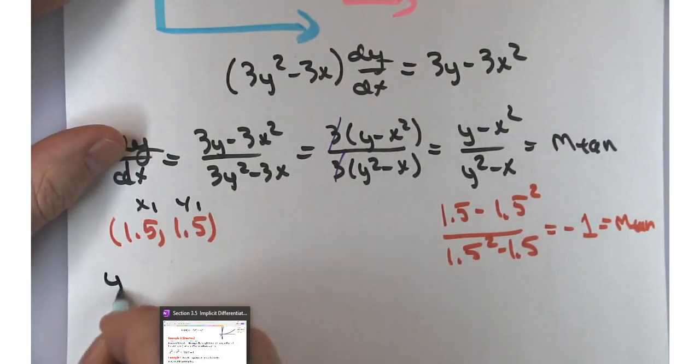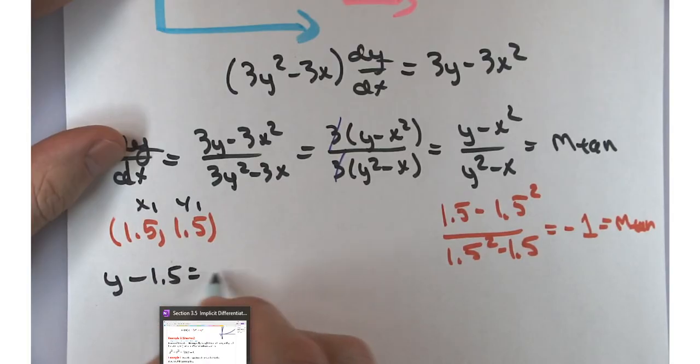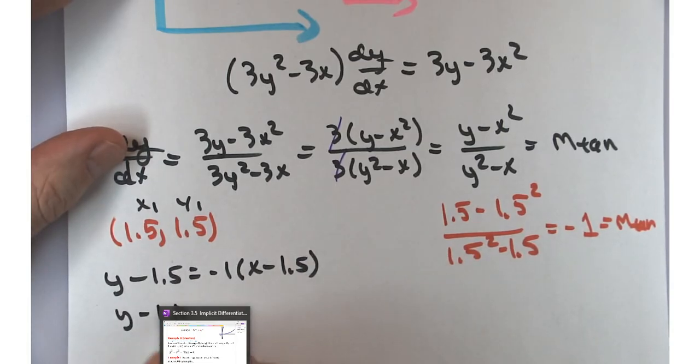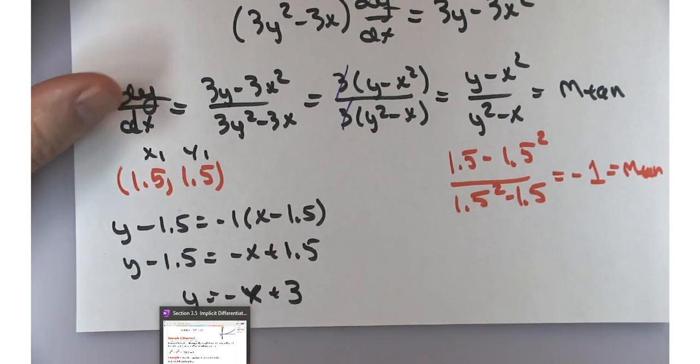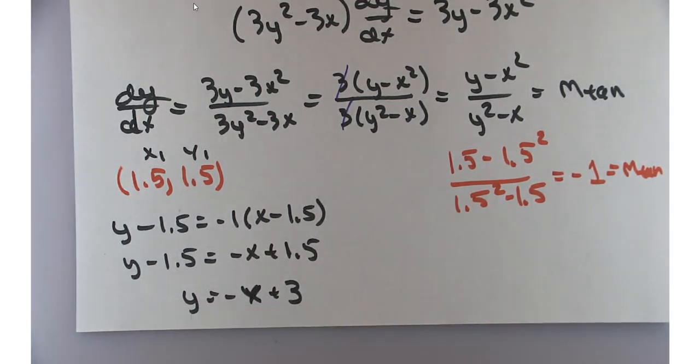So it's going to be y minus 1.5 equals -1 times x minus 1.5. So y minus 1.5 equals -x plus 1.5. 1.5 and 1.5 gives me 3. So y equals -x plus 3. Yay.